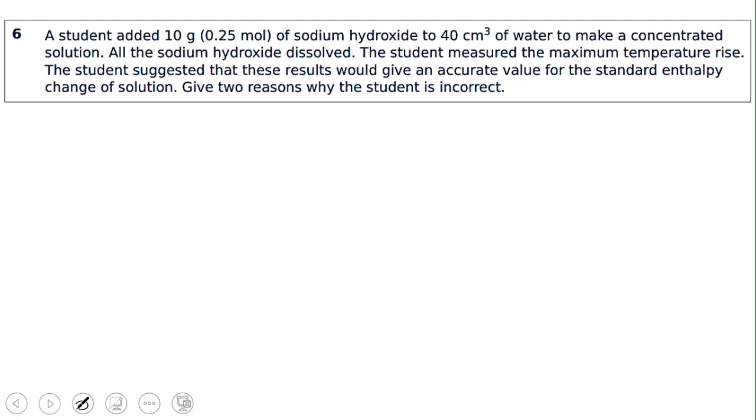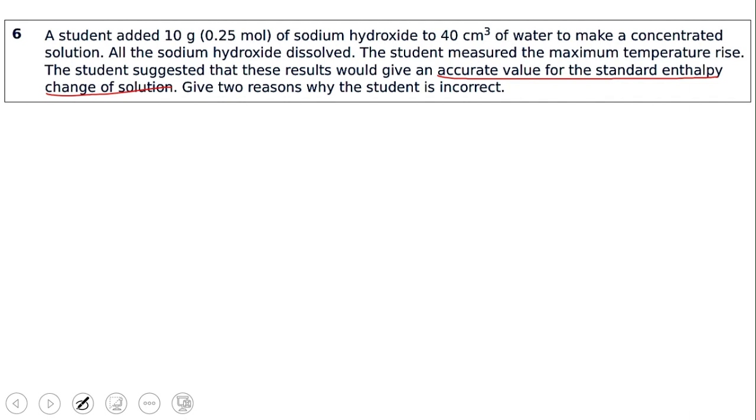And student suggested that if I am going to perform this reaction, this is going to give me an accurate value for the standard enthalpy change of solution at the end. But this is not right information here. This method is not a right method. So we have to suggest two reasons why the student is incorrect here.